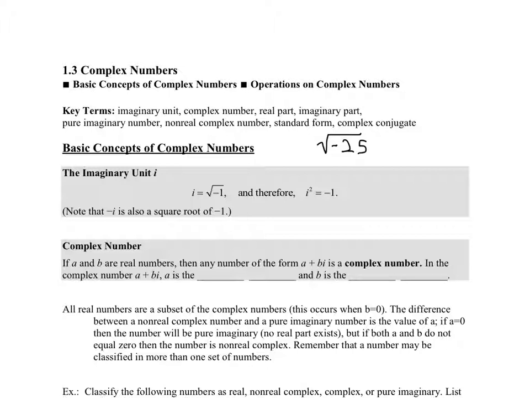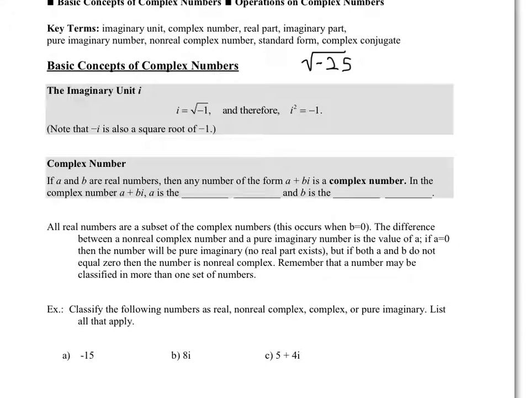Now, these imaginary parts are found in what we call complex numbers. The real number system is a subset, or it is included within the group of complex numbers. And look at our definition for complex numbers. If you come to the box below, it says if a and b are real numbers, any number that would be in the form a + bi.